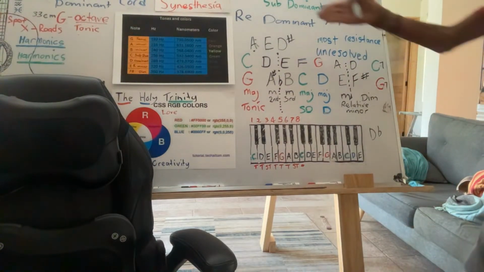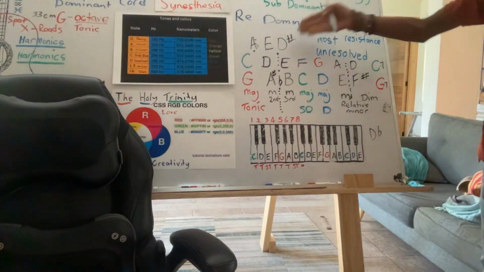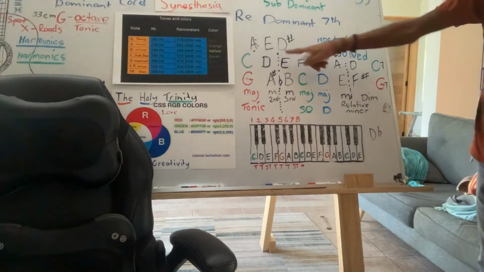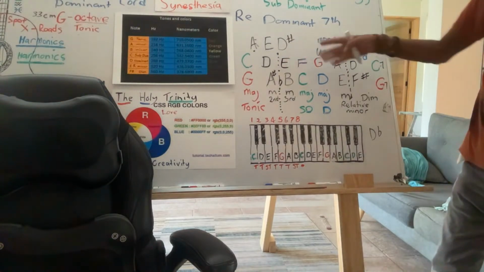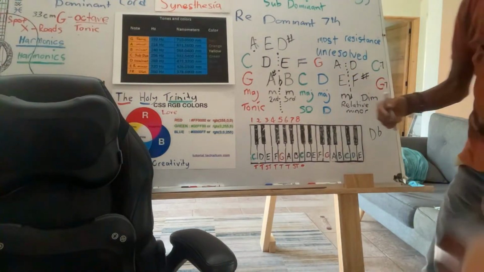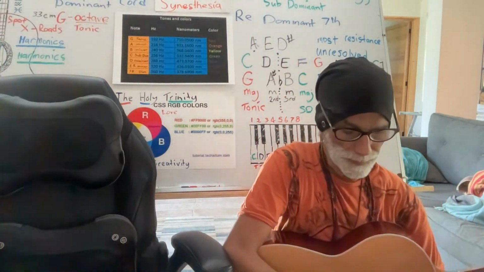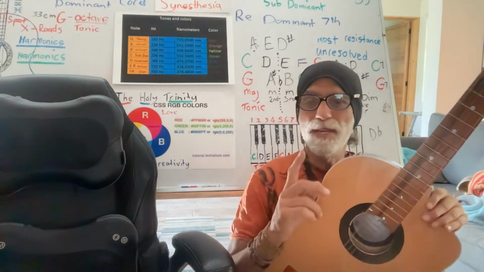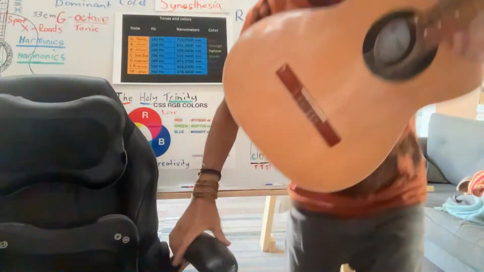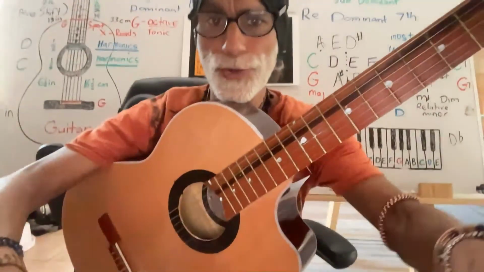We flatten the seventh and we flatten the third. Now, the third flattened is known as a minor. And that's sad. Major chords are happy. You see, this is happy. For me to play a G minor, to make this sad, I would have to flatten the third.